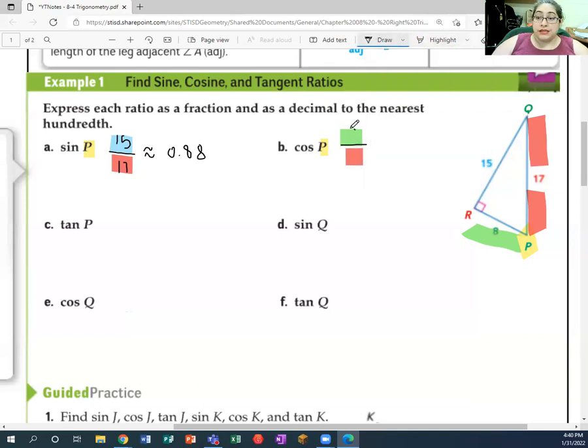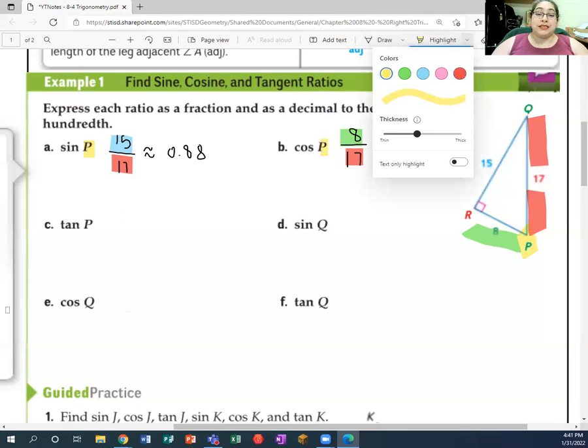The side adjacent to angle P measures 8. The hypotenuse of this triangle measures 17. And so the fraction of the trigonometric ratio cosine P is 8 divided by 17. I'm going to put 8 divided by 17 in my calculator for the decimal expansion, and I get 0.47.